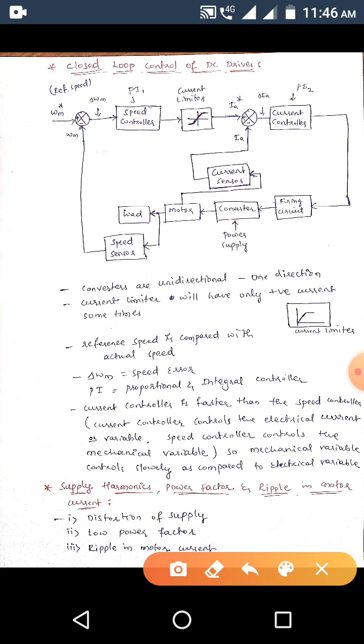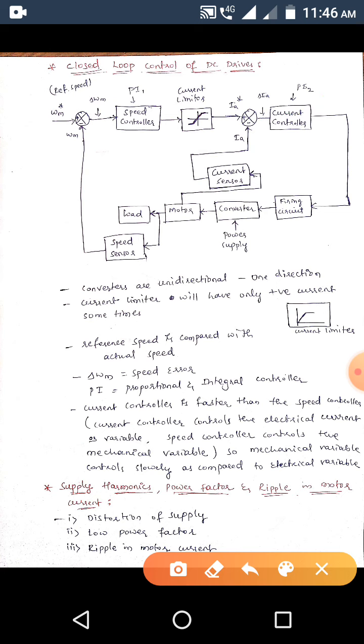So now Ia star and Ia are compared, and whatever error we get is the current error, delta Ia. Delta Ia is fed to the current controller again. So again we have the current controller PI here.